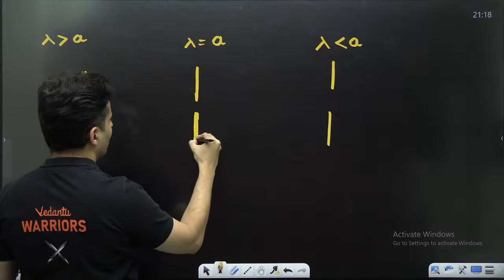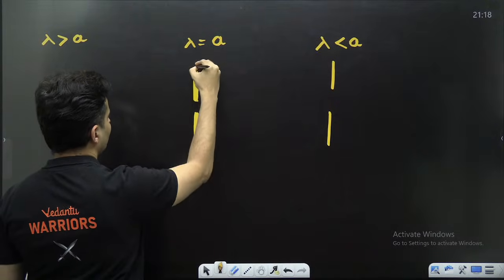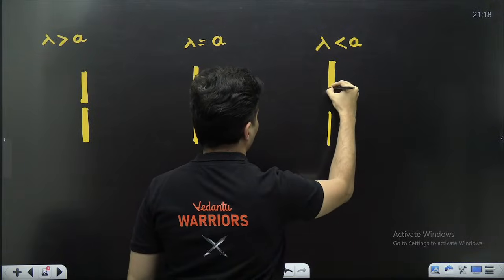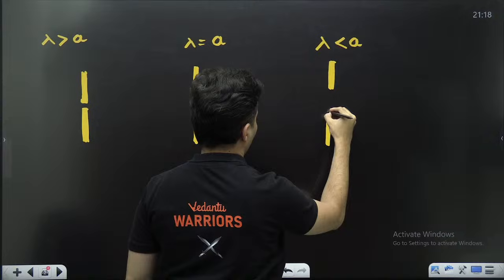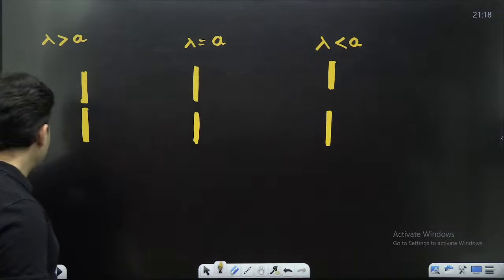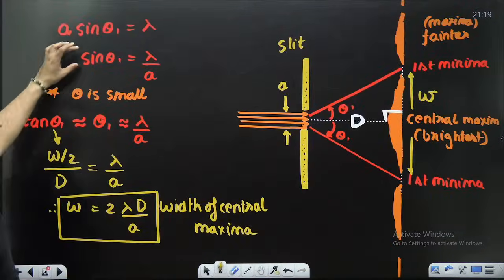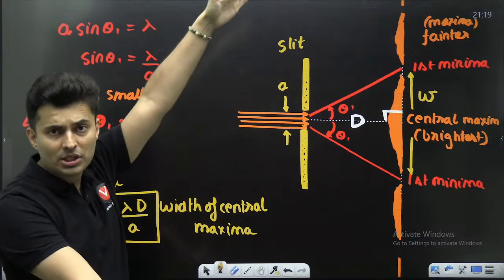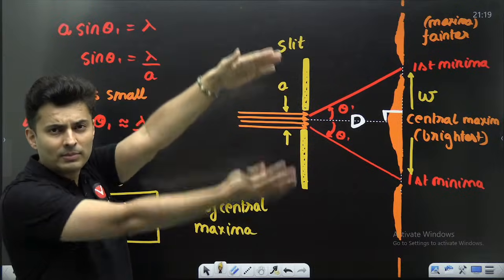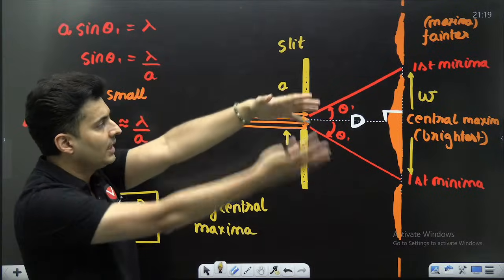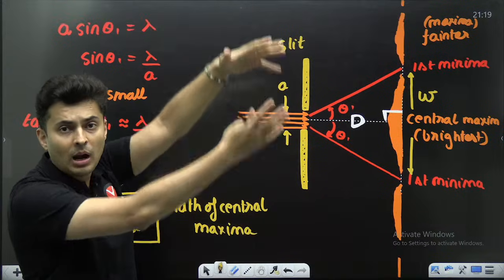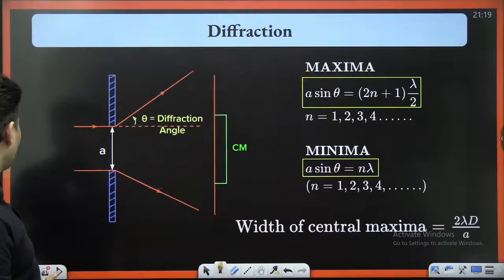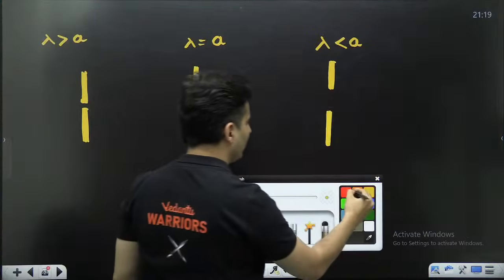Okay. Now comes the interesting part. Observe this carefully. What was the sine theta for the first minima? That is the angular position for the first minima. From that I know how wide that central maxima is. Sine theta 1 is lambda by A. We just figured that out over here.